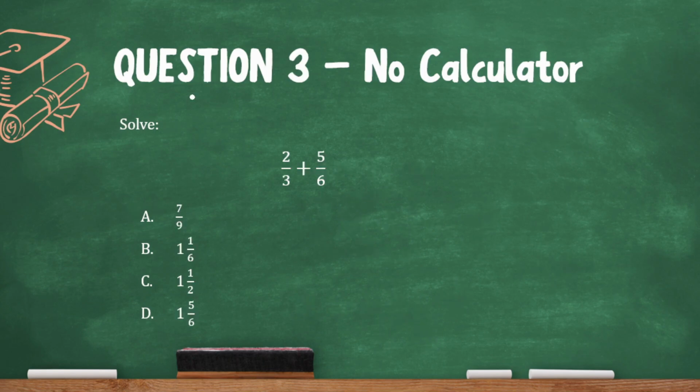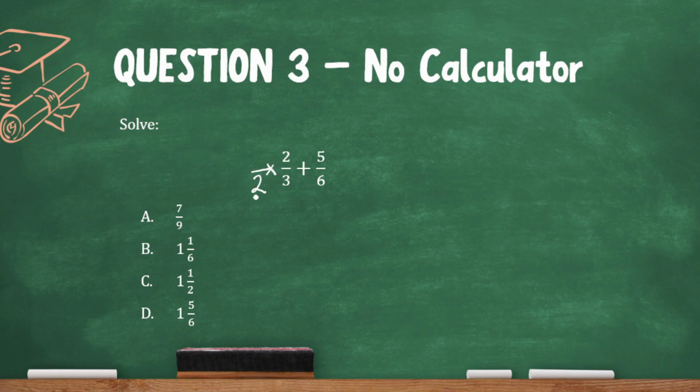Number 3, solve. And I've got to add some fractions. Remember that when you're adding fractions, you have to have the same denominator to be able to add them. I have different denominators here, so I'm going to try to change this one to a 6. And what do I need to multiply the 3 by to make it a 6? I need to multiply it by 2.